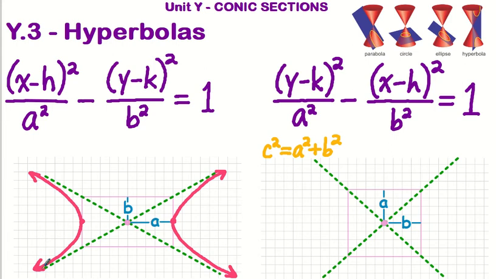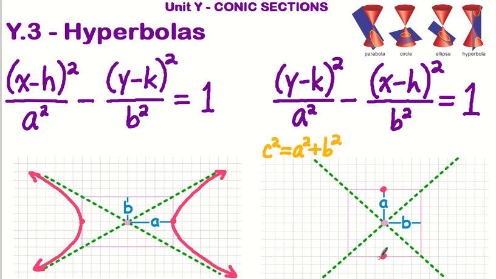Now, to get back to the comparison of this version of a hyperbola versus this version: when the x term is your positive term, this would be your a, and your hyperbola is going to be opening right and left. But here, when the y term is with the a, your hyperbola is going to be opening up and down.